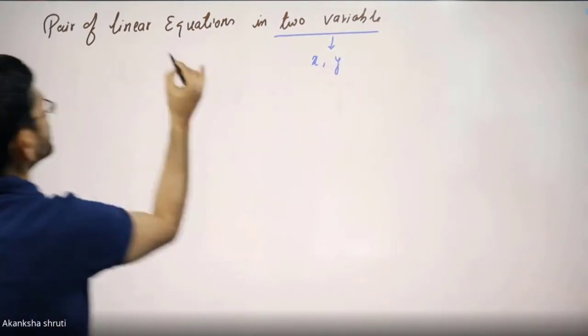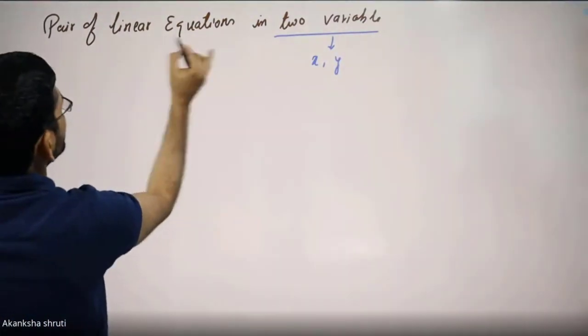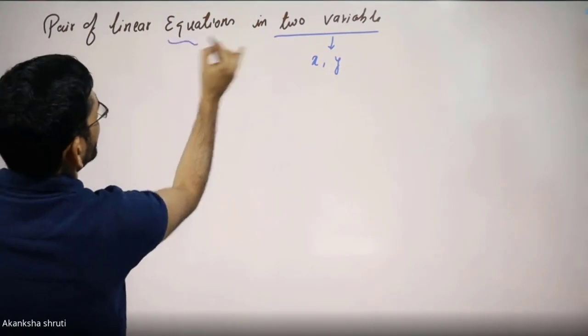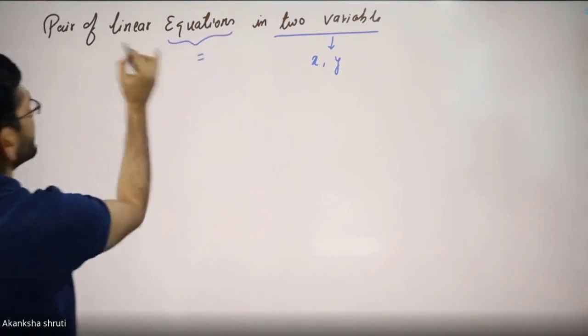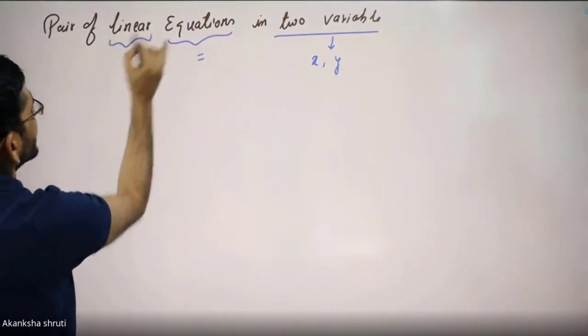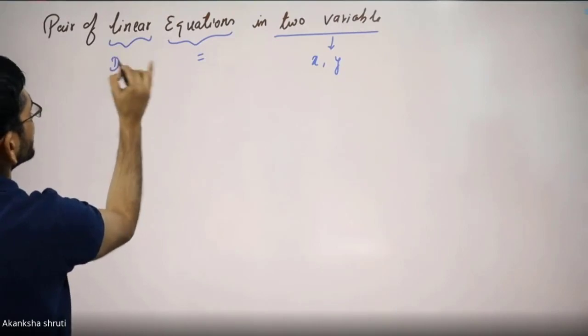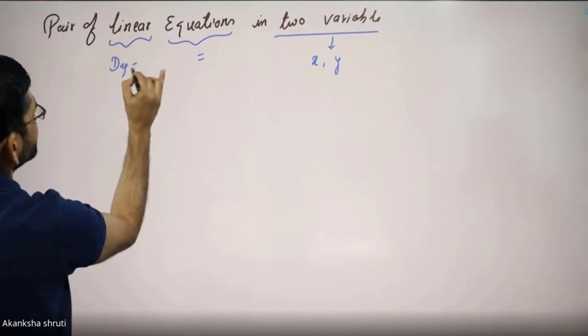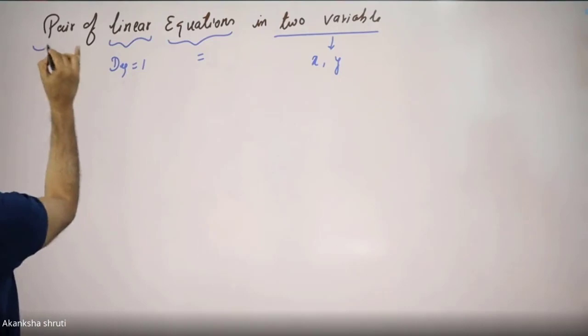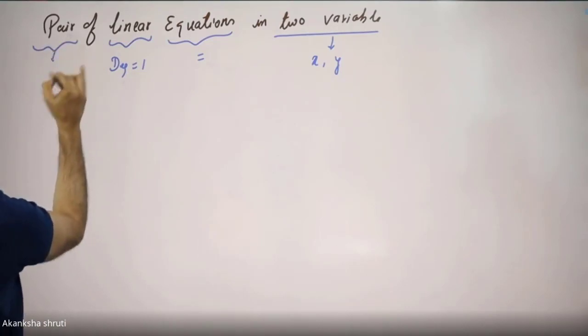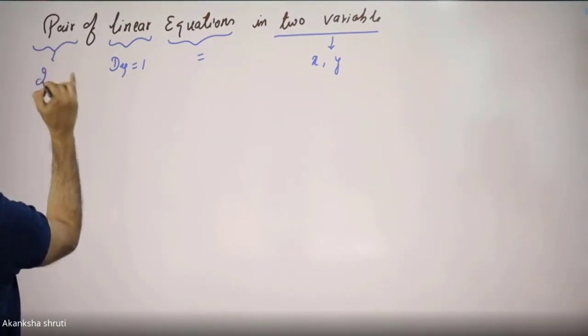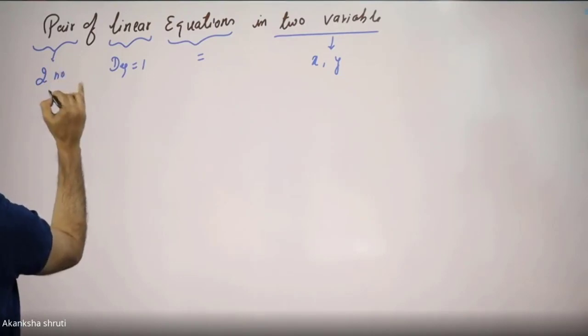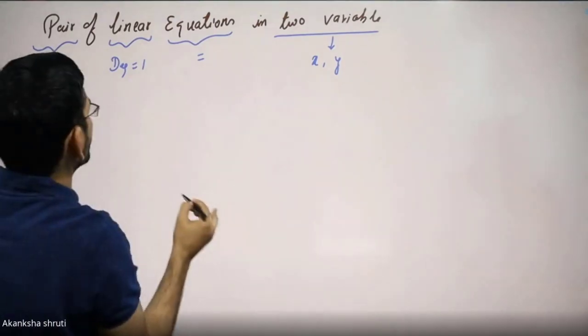You may take u and v. Equation simply means there must be some equal sign in between, and linear means the degree of each of the variables must be 1, and pair means two numbers of such linear equations.